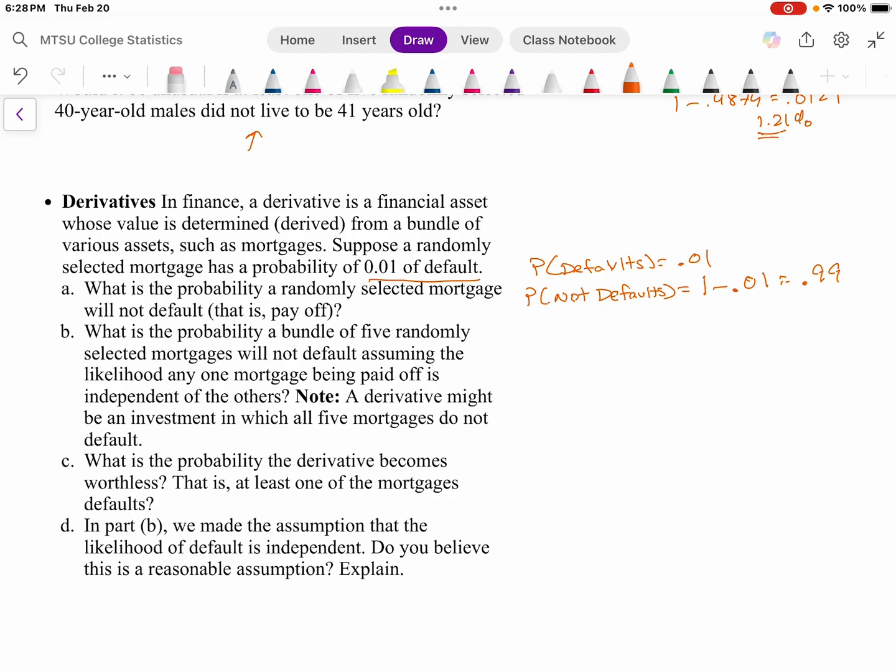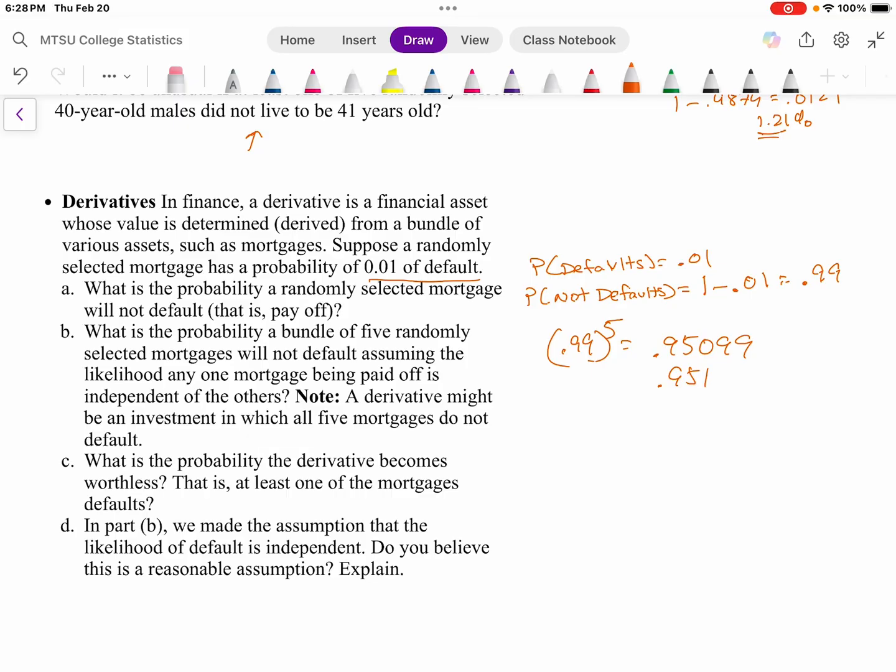So that would be our 0.99 raised to the 5th power. 0.99 raised to the 5th is 0.95099, so that would be like 0.951 is what that would end up being.